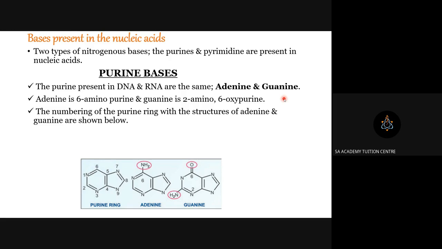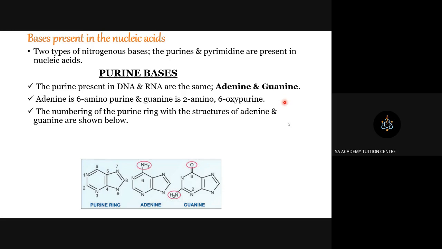Now, a purine has a general structure which you are supposed to learn. When you learn the general structure of the purine, you'll be able to draw the structures of adenine and guanine, because this is second year, not first year where you don't draw. You have to draw this time around. The numbering of the purine ring with the structures of adenine and guanine are shown in this diagram.